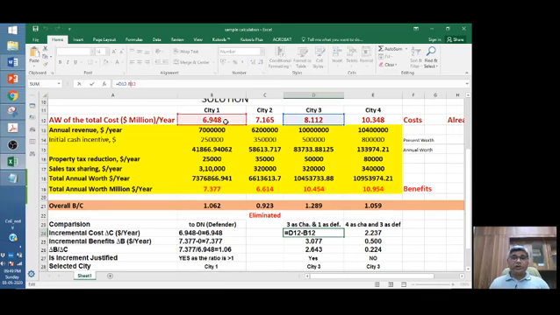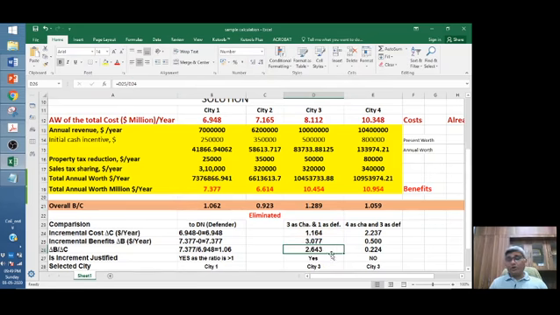Similarly for the benefits, I have subtracted the two benefits, from the challenger we have subtracted the defender. And if I compute the incremental B by C ratio, it comes out to be greater than 1. So once it is greater than 1, the highest cost option will be selected. In this case, this one is the highest cost option as compared to city 1. So the defender is to be dropped and the challenger is to be selected.